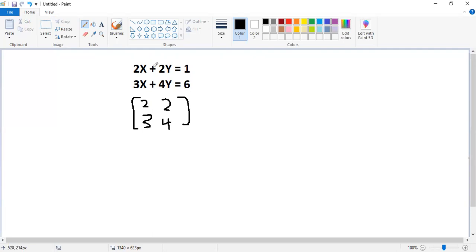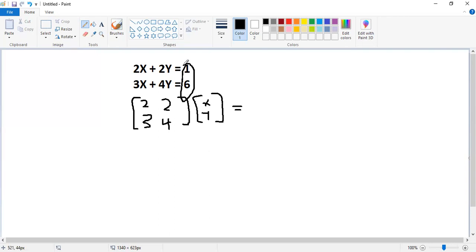Then from the equation, we know that x comes before y. So it means that we have our x, we have our y is equal to, and we will group our results.